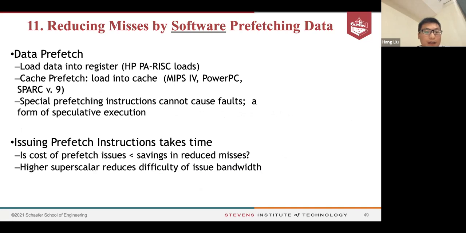Software prefetching is relatively straightforward. Basically, we load data into a register, while cache prefetching loads into the cache. A special prefetching instruction cannot cause faults. Issuing prefetching instructions takes time, so it's a cost of prefetch issues versus savings in reduced misses. Higher superscalar reduces the difficulty of issue bandwidth.